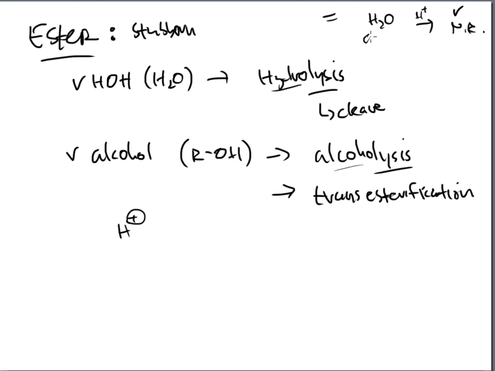The same thing happened with alcohols back in the day. We said if we took a double bond, an alkene, and reacted it with an alcohol, no reaction is going to go forward. But if we put it into the presence of H+, then we do get a reaction, and that reaction will give me a product.